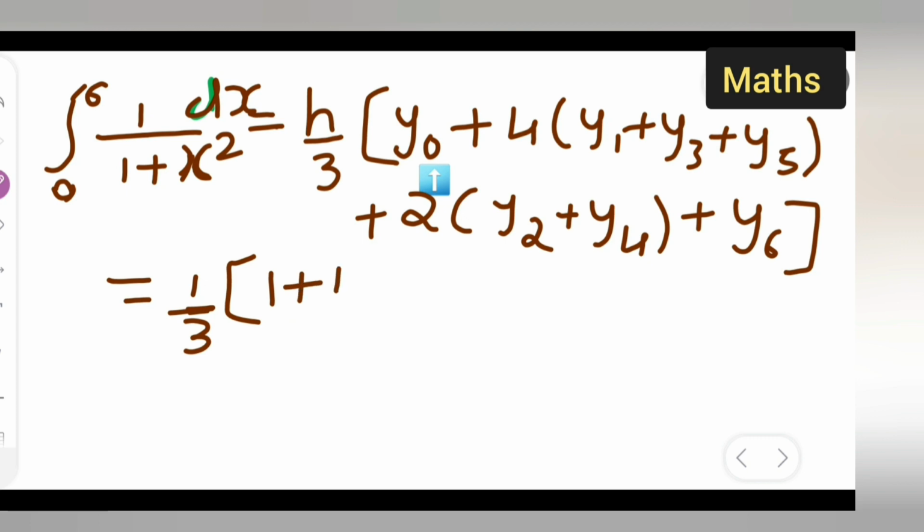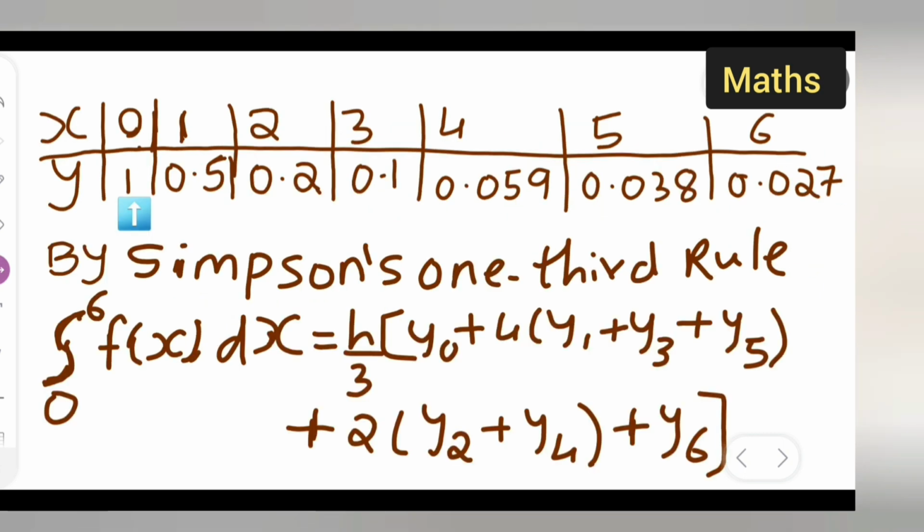1 plus 4, and then y1 is nothing but 0.5, then y3 is 0.1.